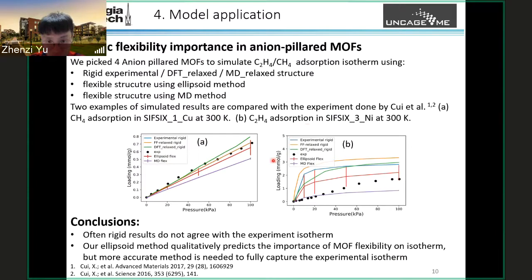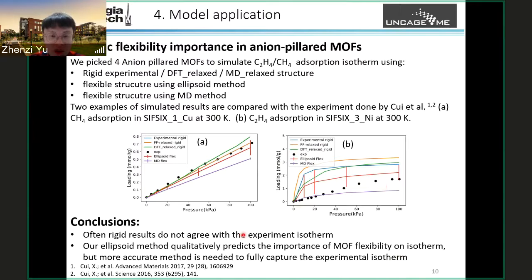However, in the right figure, we can see all the rigid predictions are a little bit far away from these black dots, while our flexible predictions, which are the red line and purple line, are much closer than the rigid prediction. However, admittedly, they're still not close enough to the experimental observation.